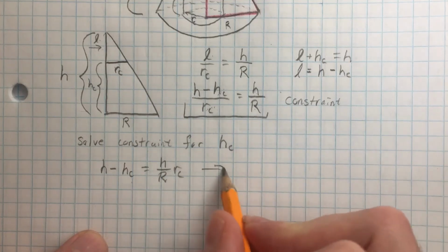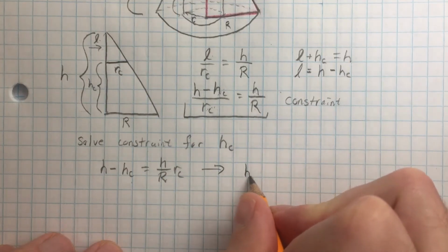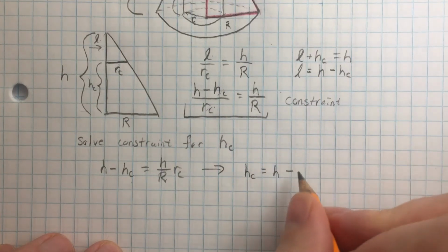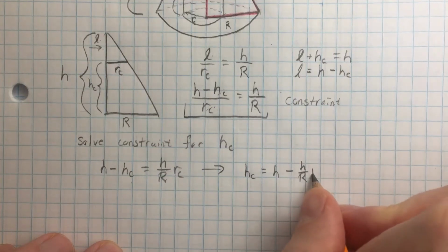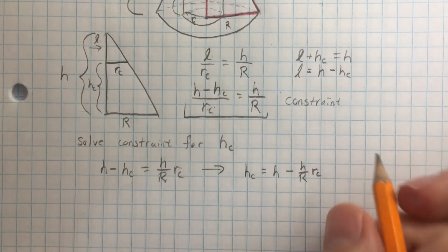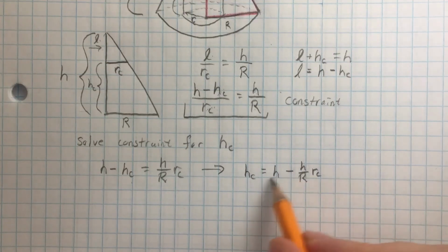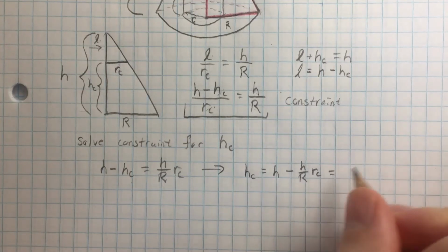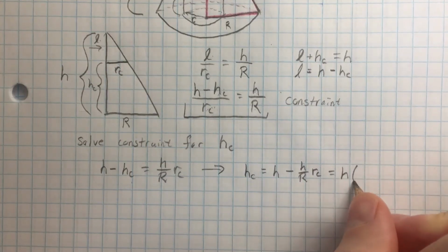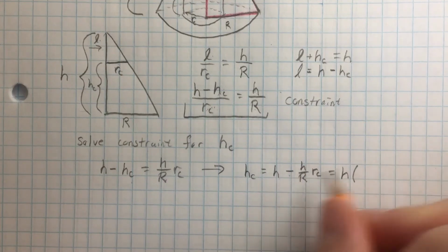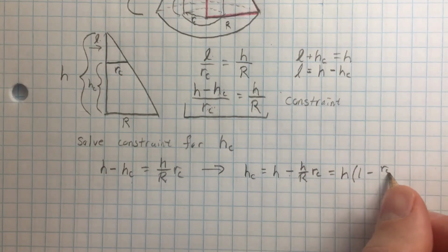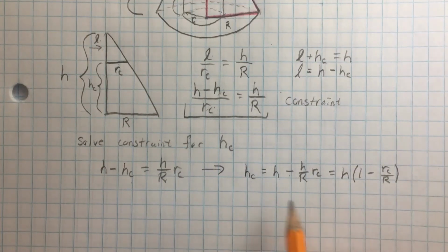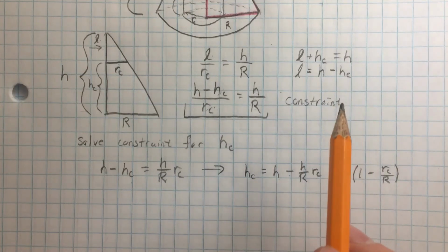So hc equals h minus h on r rc. Now, h is a constant, so I could factor that off. This would be the same as h times 1 minus rc on r, 1 minus the ratio of the two radii. Okay, so there's hc.